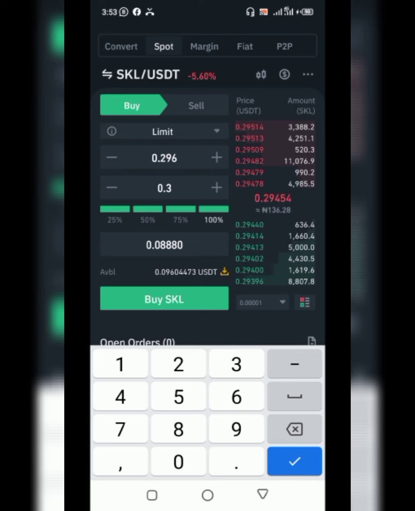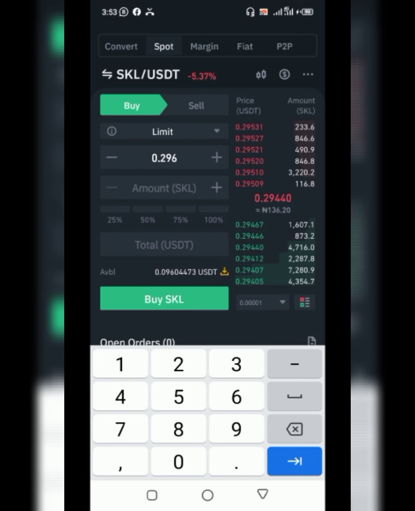But imagine I'm not using 25 USDT or 50 USDT or 75 USDT. I have the right to type my own. What if I want to trade with 36 USDT, which doesn't fall under the category of 25%, 50%, 75%, or 100%? That is why they put a place for you to type in your own USDT. Or you can even set a target, maybe you have in mind that you want to buy 100 SKL.